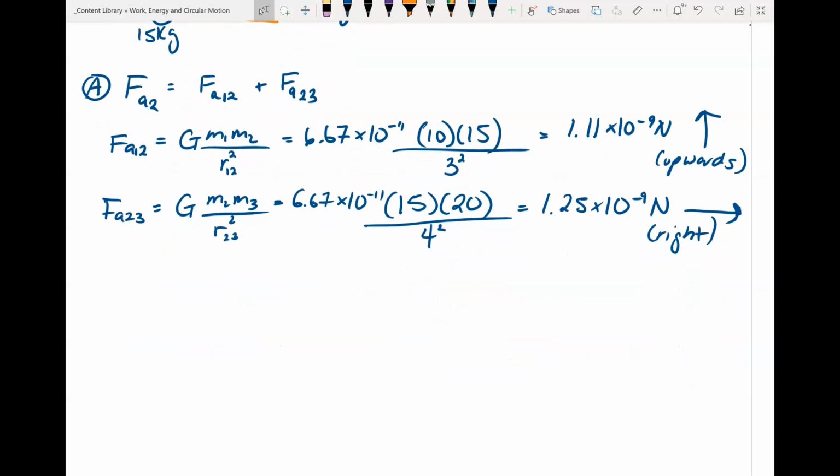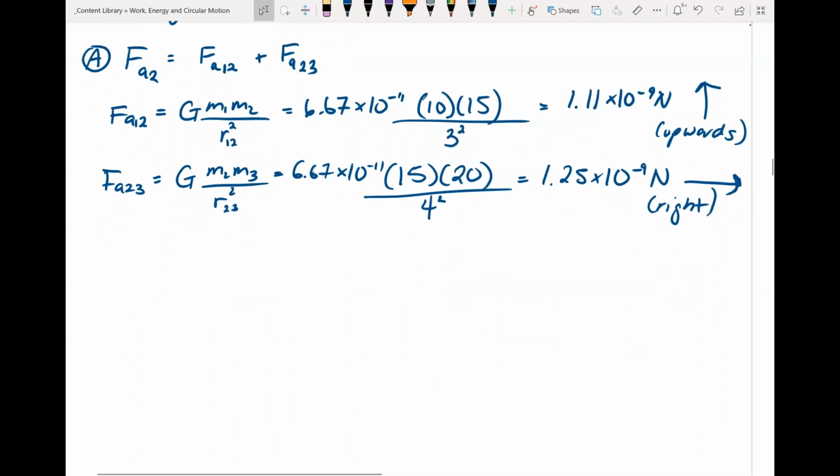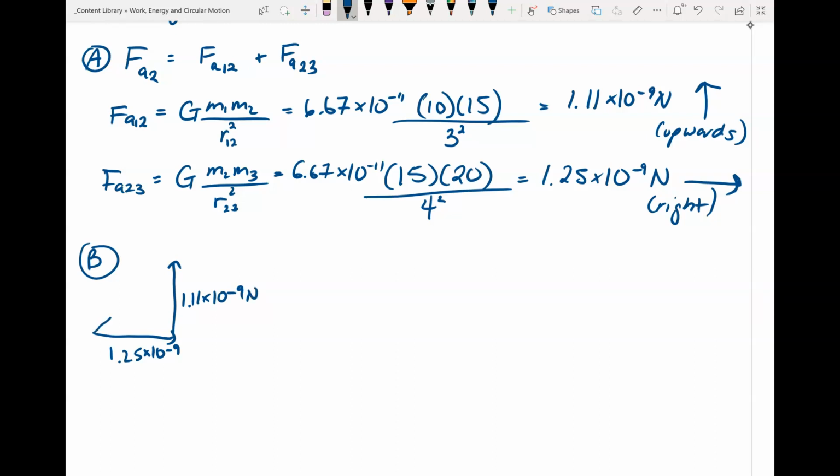Now moving on to the next part we need to do, we have an x and y component. So I am going to draw a vector diagram of what's occurring here. To the right, we have 1.25 times 10 to the power of negative 9 newtons. And then upward, we have 1.11 times 10 to the power of negative 9 newtons. We're trying to find Fa2, which is the resultant vector.